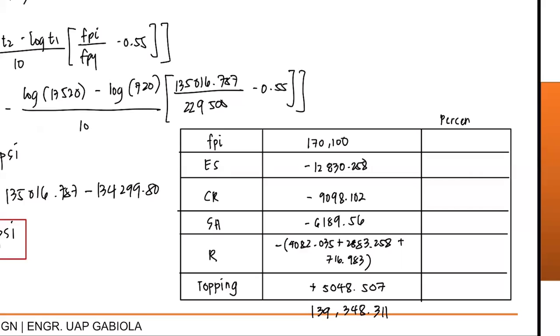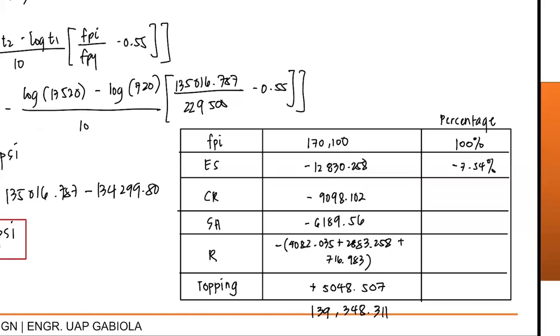So, ibig sabihin, kung dito natin i-edit yung percentage, no? Gawin natin ng percentage. Okay? So, dito 100% pa siya. Okay? So, divide mo lang dun sa total. So, ito isa-isahin natin, 12,830.258 divide natin sa 170,100 times 100. So, nag-reduce siya ng minus 7.54%.